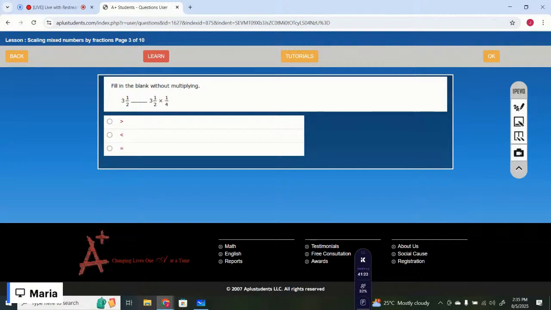So 3 whole 1 by 2 is greater than 3 whole 1 by 2 times 1 by 4.